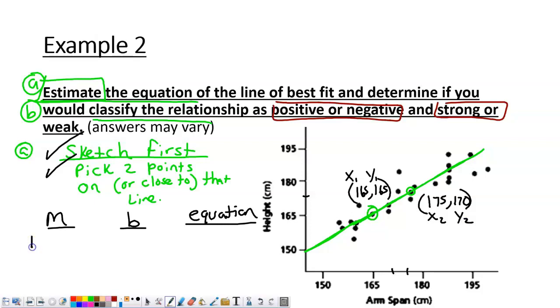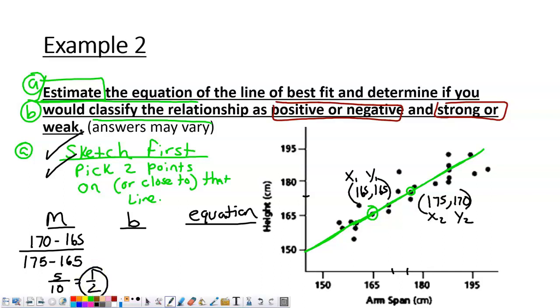So I'm going to do y2 minus y1 over x2 minus x1. And that leaves me with 5 over 10, which is 1/2. That worked out really nice, you guys. Half is actually a pretty nice slope to have.